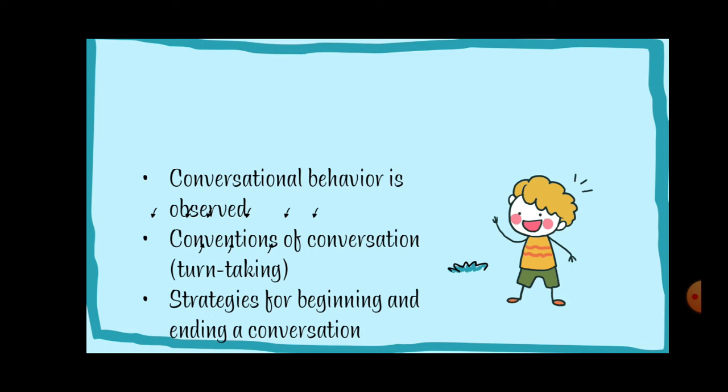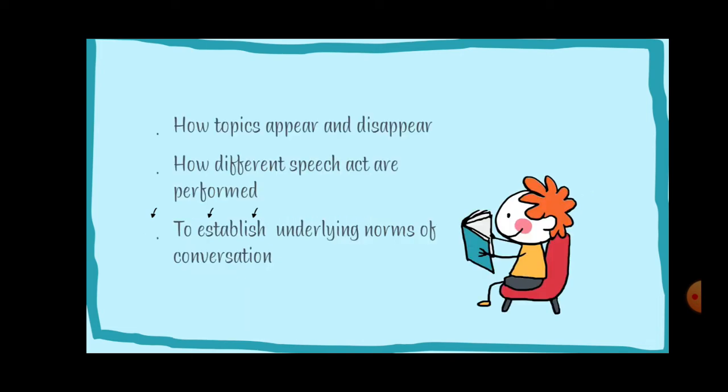Second, conversational behavior is observed. Third, conventions of conversation. Fourth, strategies for beginning and ending a conversation. Fifth, how topics appear and disappear. Sixth, how different speech acts are performed. Seventh, to establish underlying norms of conversation.